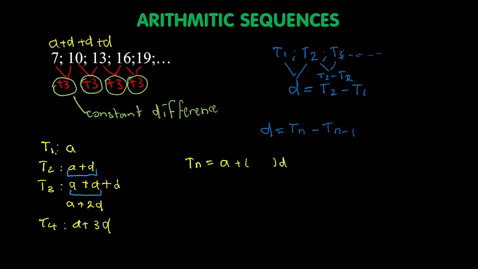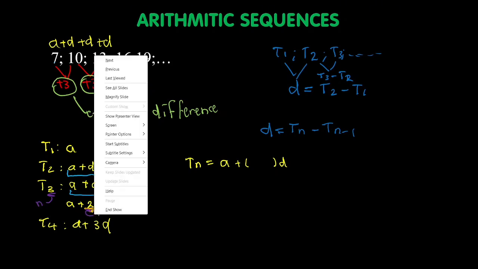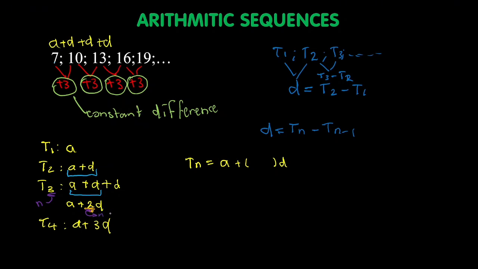T1 is A. T2 is A plus D. T3 is A plus 2D. Do you see that the multiplier of D in each case is different? How are they different? This number is n, and this number is the number before n, so it's n minus 1. And that's basically what we're going to insert in this bracket.